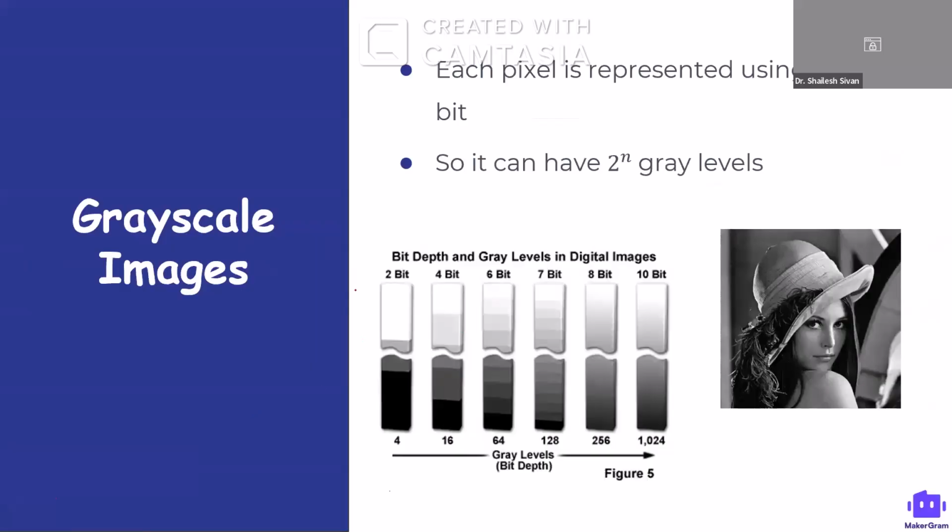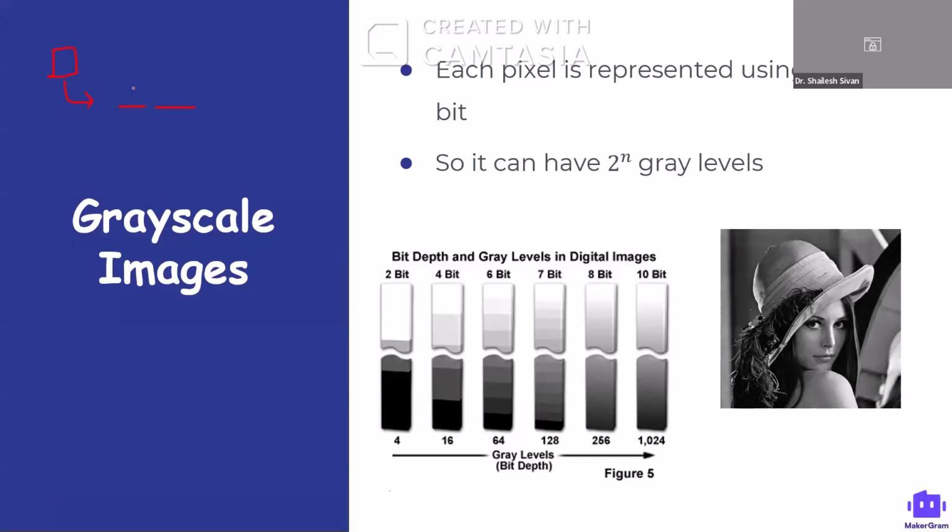Now, moving into grayscale images, the grayscale images have more than 2 levels of shades. In binary images, as I said, we have only 1 bit per pixel, and that 1 bit can represent either 0 or 1. But suppose we have 2 bits to represent a single pixel.